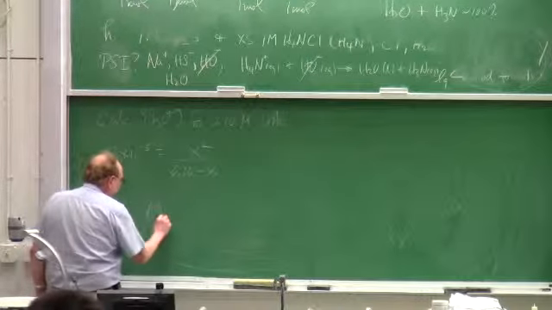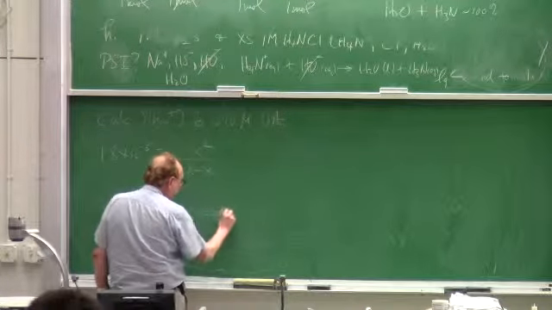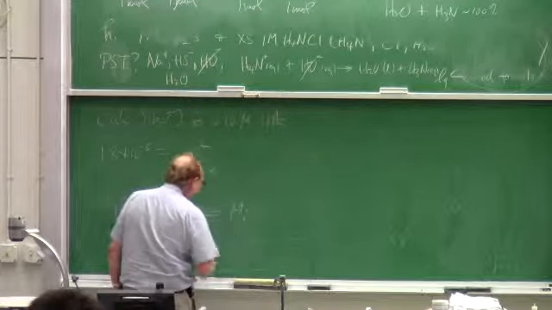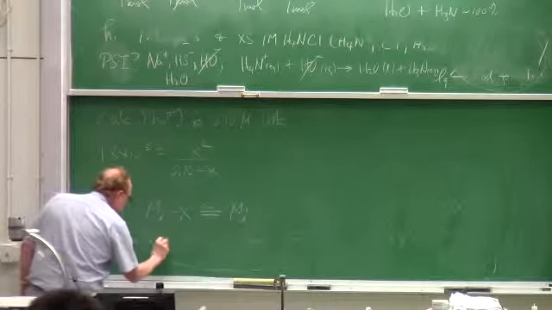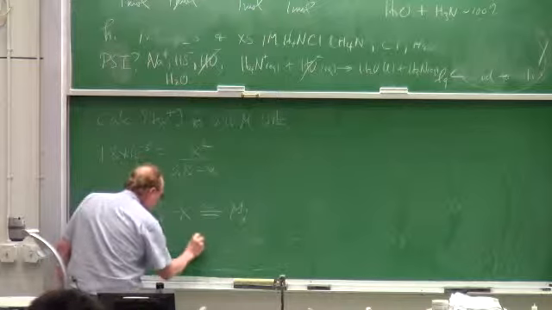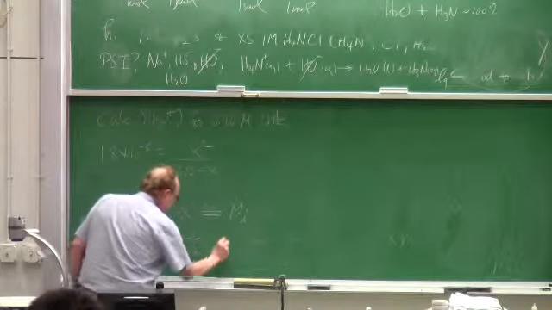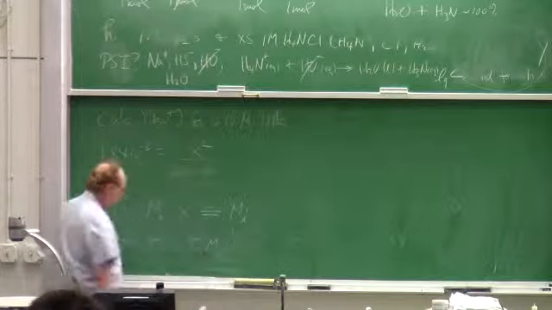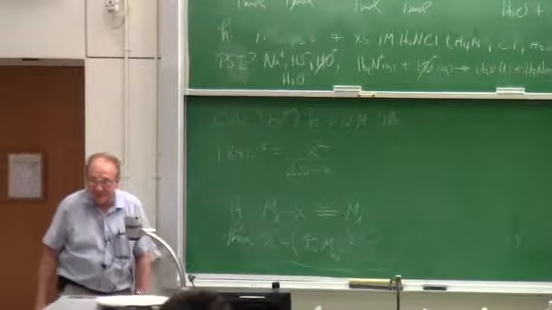If M sub I minus x equals or about equals M sub I, then x is equal to Ka times M sub I to the 1/2. Woohoo! Where'd all that stuff come from?